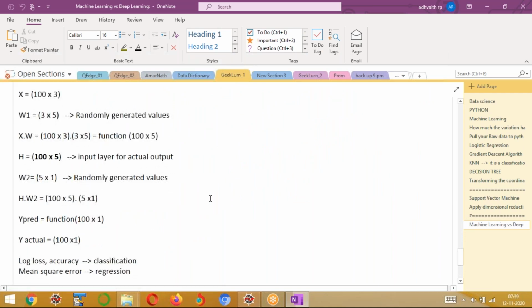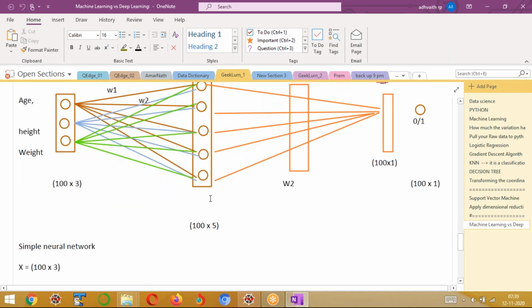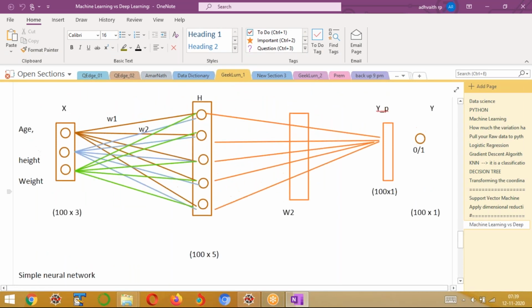It depends on the scenario. You are supposed to change your weight matrix. Initially, according to the input matrix, you have to decide what the hidden layer construction should be. Once you understand how many columns are required, you create your weight matrix, which is randomly generated.